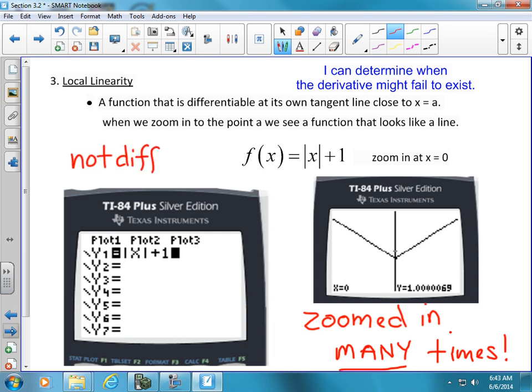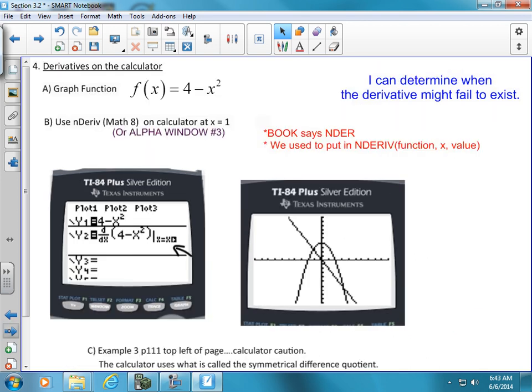So this function that we put into the calculator is not differentiable at x equals 0, which is what we would expect for an absolute value function. It does not show local linearity at that point.